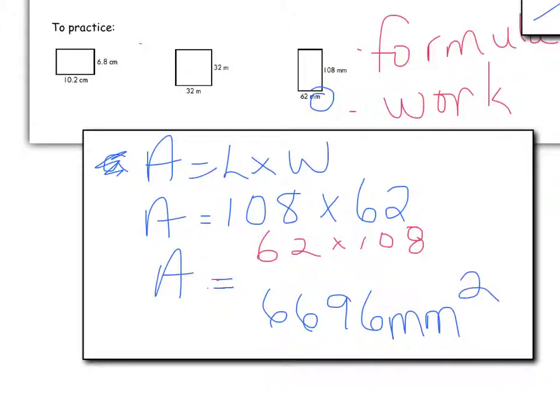It's little squares that have a millimeter side length and a millimeter side width that would cover that shape. Wow, that's a lot of little squares that would cover that shape. So again, as you can see, for rectangles and squares, our formula is always area equals length times width.